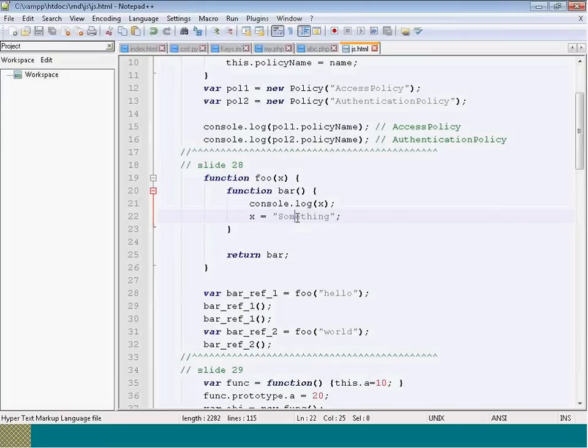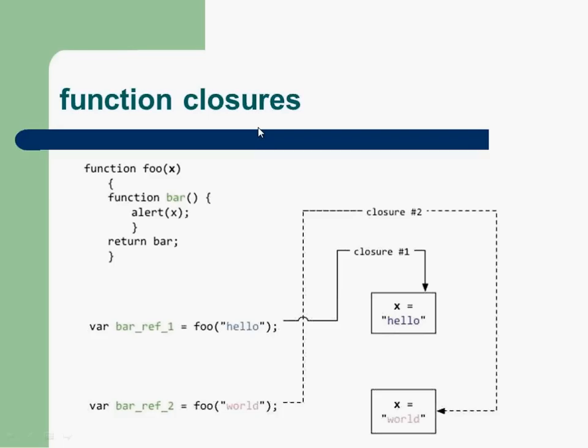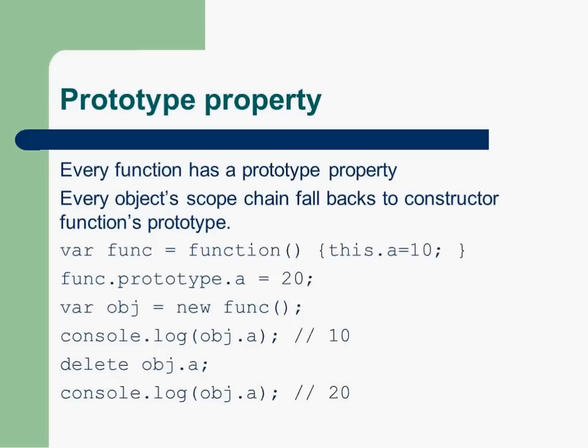So if we check, it will also change. That reference gets attached with the function. Yes. Okay, let's go to the next thing. The next thing is the prototype property and variable scope.